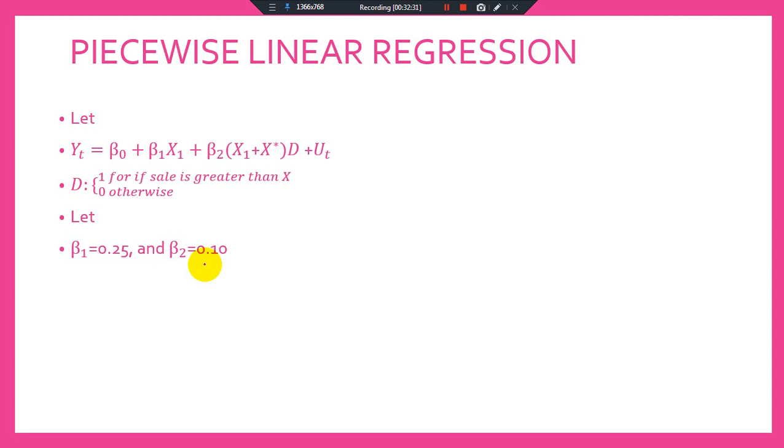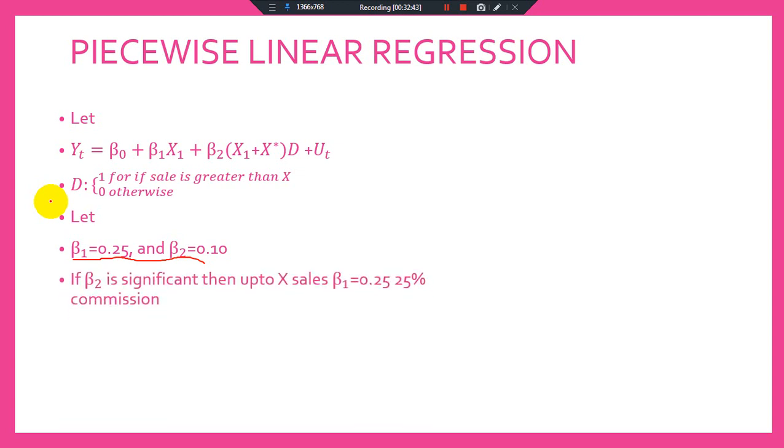These are supposed values, just for the interpretation point of view. So if beta 2 is significant, then up to x*, beta 1 is 0.5, which means that 25% commission can be earned by the employees.